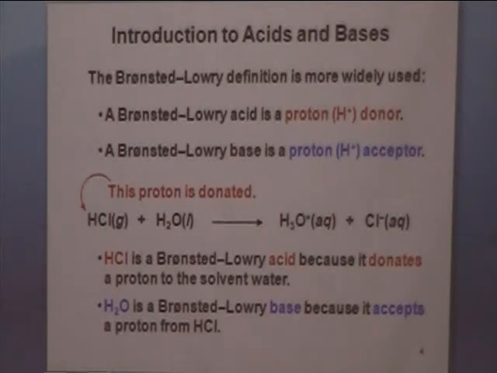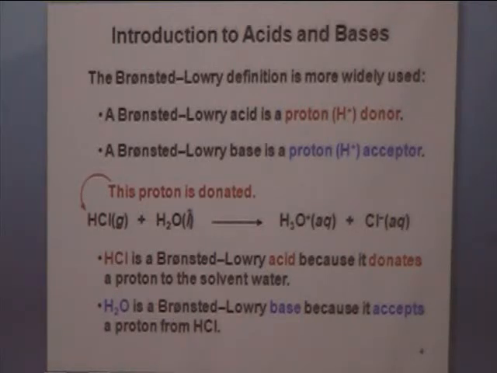This is more accepted by the scientific community as the definition of an acid or a base. For example, you have a reaction here: hydrochloric acid reacts with water, and you will have H3O plus and chloride minus. Okay? In this regard, hydrochloric acid is a Bronsted-Lowry acid because it donates hydrogen ions to water.